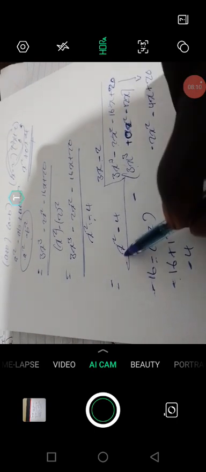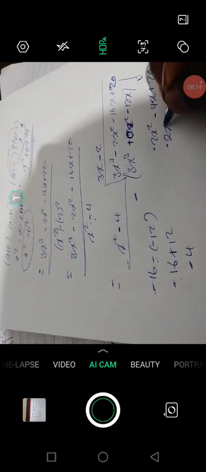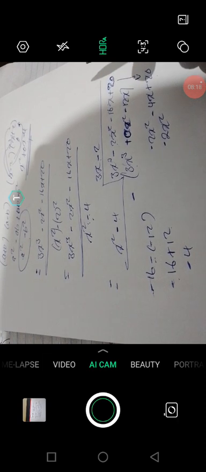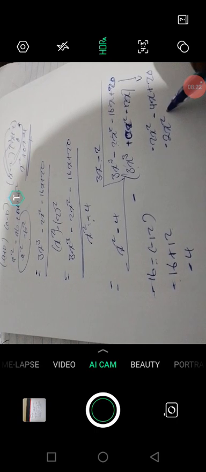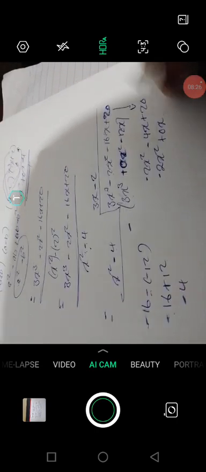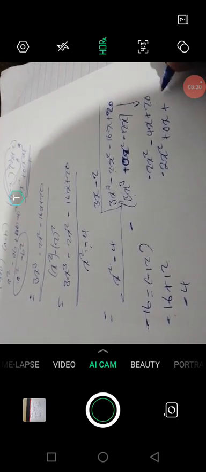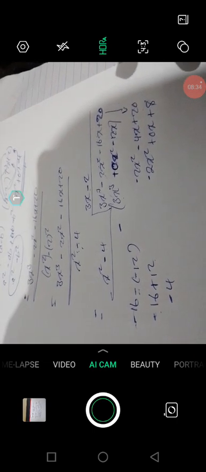So negative 2 times x squared, that is negative 2x squared. Right? Great. So what's going to happen? What about here? I'm going to put 0x, right, to maintain. Negative 2 times negative 4, that is positive what? 8. So that I can maintain those that do not have their coefficients.